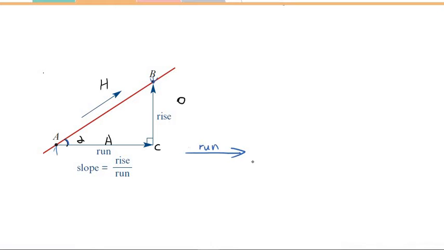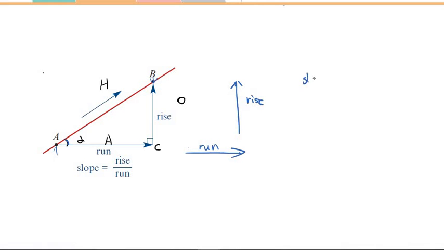If it's going in the horizontal direction, it's called run. If it's going in the vertical direction, it's called rise. That's the vertical distance between point A and point B, how many units point A has to rise to go to point B. That's why we have the words run and rise.